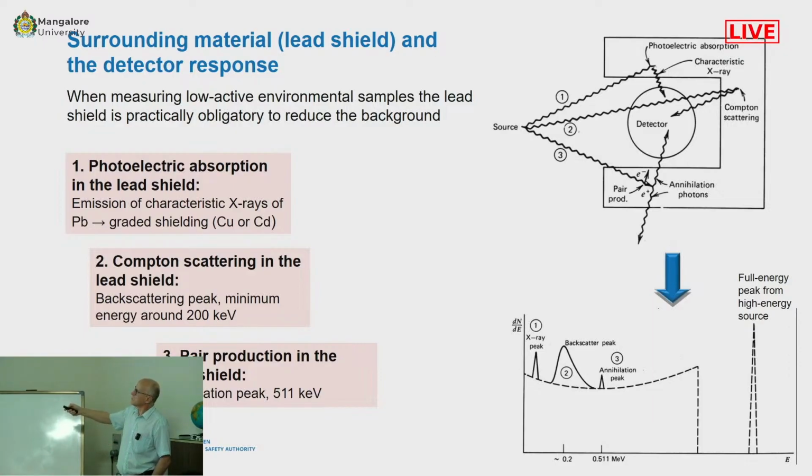And also annihilation may happen, which means that this 511 peak may be detected, as shown here. So this is the backscatter peak, this is the X-ray peak, this is the annihilation peak.